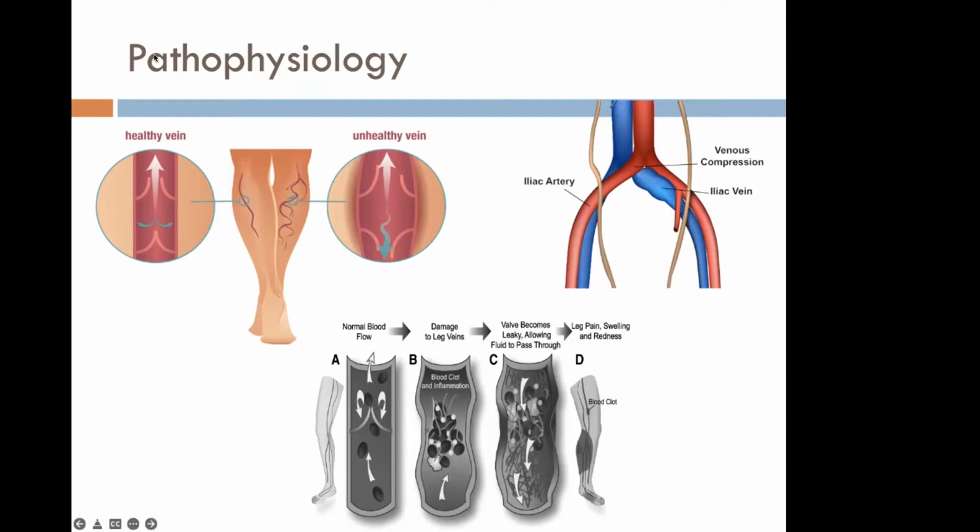So as you can see on the top left picture, you'll notice a healthy vein which has valves that are competent and they only encourage unidirectional flow of blood towards the heart. Now, with an unhealthy vein the valves are incompetent, so you do get retrograde flow. And this unfortunately will result in chronic venous hypertension and the long-term sequelae that I've alluded to.